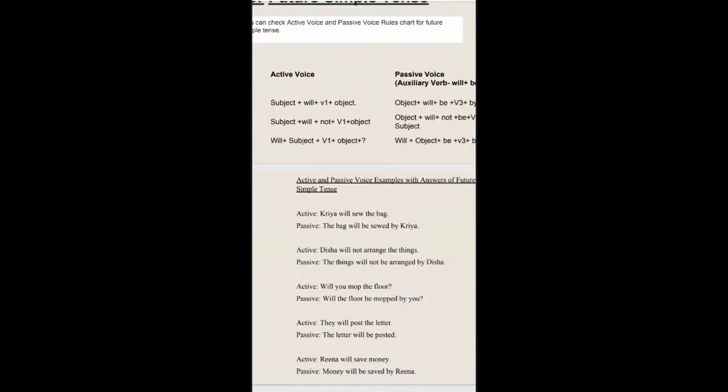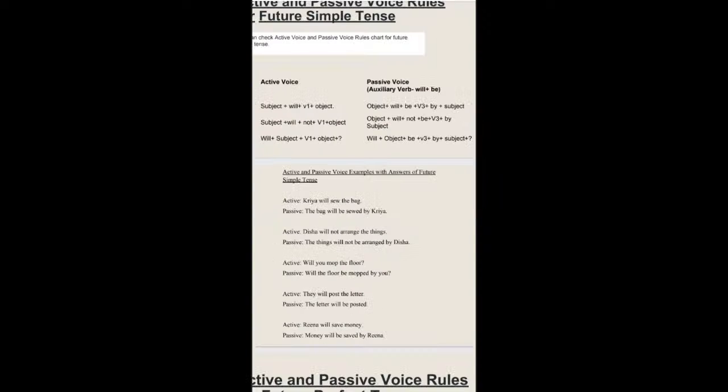Okay. So Kriya will sew the bag. The bag will be sewed by Kriya. Right? Basic thing is that object will come first, subject will go there. First thing you will do. Then you will look for the tense. You identified this is a future simple tense. There is a will. The bag will be. Okay. Another thing. Don't miss out this.